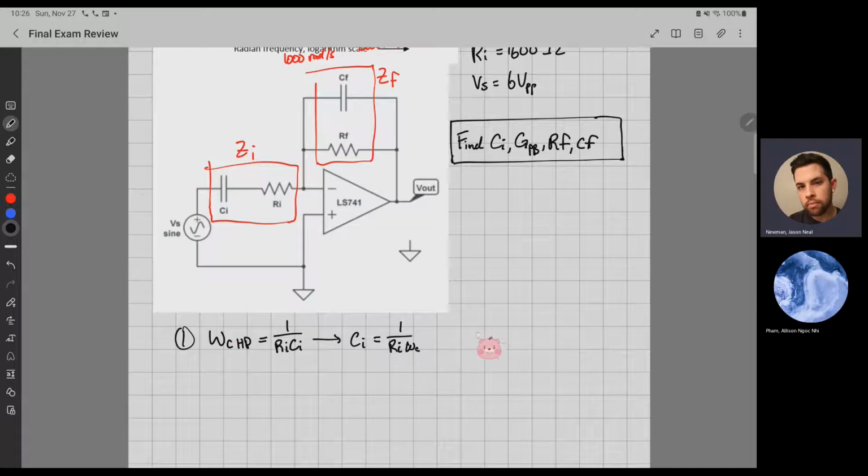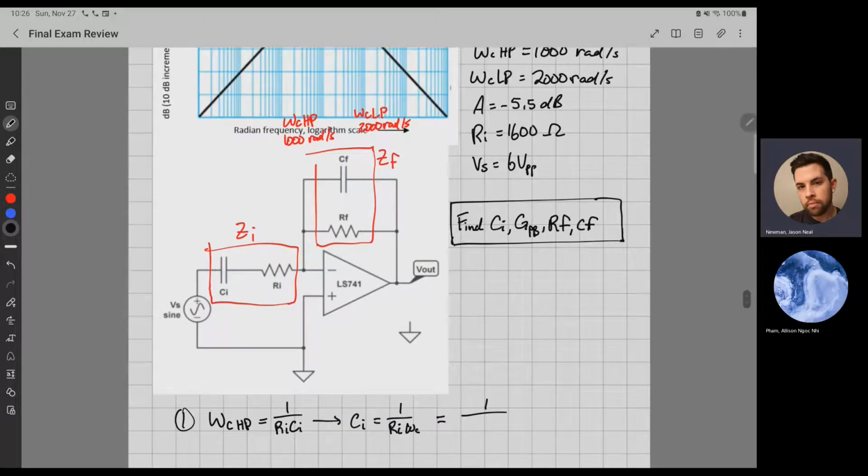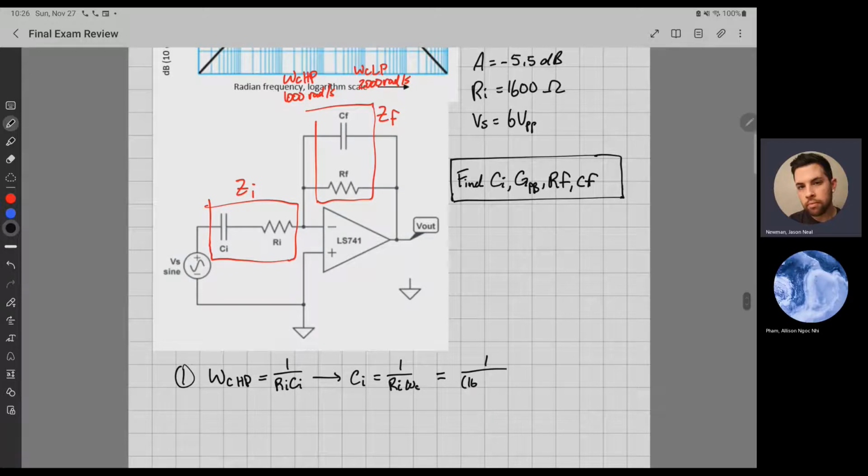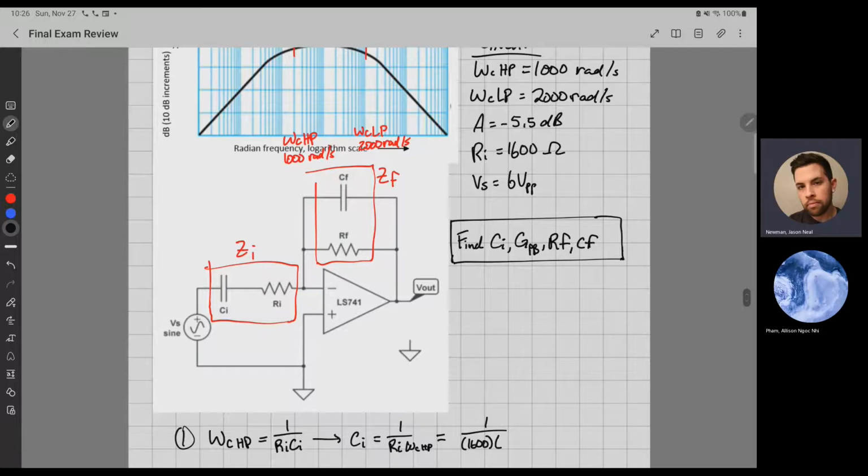So what would that mean for us? We have 1 over Ri, which is given to us as 1,600, times omega C HP, which is 1,000.